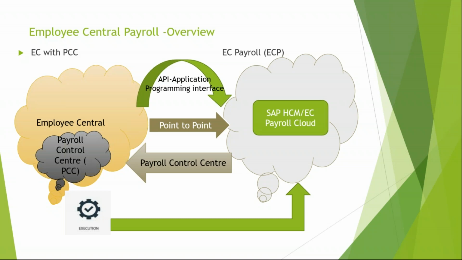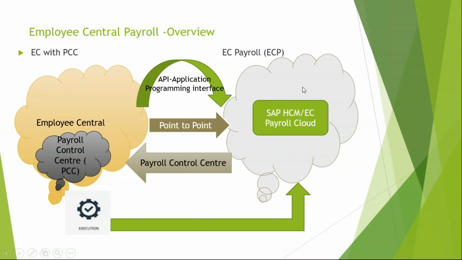The only thing here is you will have two options: you can log in to the SAP HCM ECP system through a URL, or through SAP GUI access. Why we need SAP GUI access, I will explain a bit later. So this is my SAP HCM box, and they kept it in the cloud version.